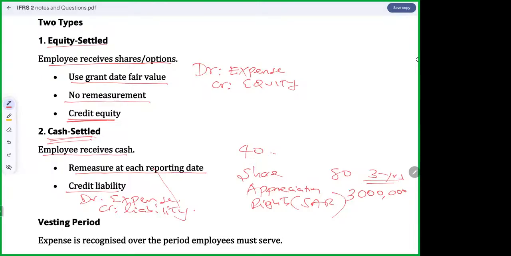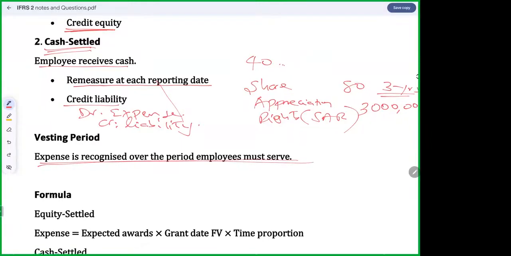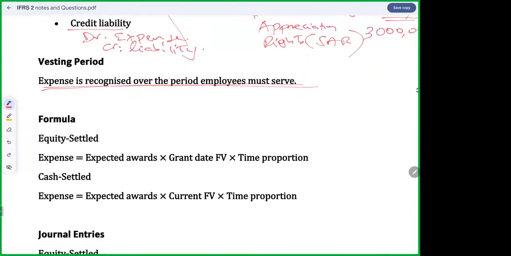So the vesting period, the expense is recognized over the period. Employees must serve. A formula very, very important for you to understand this. If it is equity settled, ladies and gentlemen, our formula is very, very easy. You take the expected awards, how many shares are given to these directors, times grant date fair value.